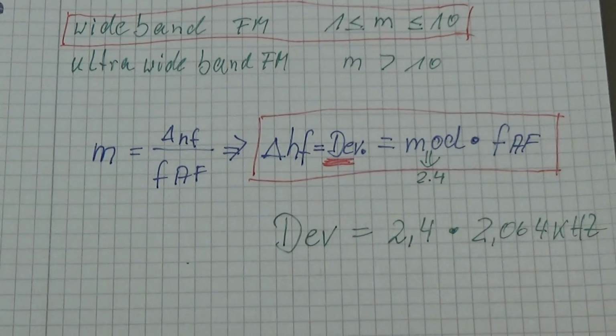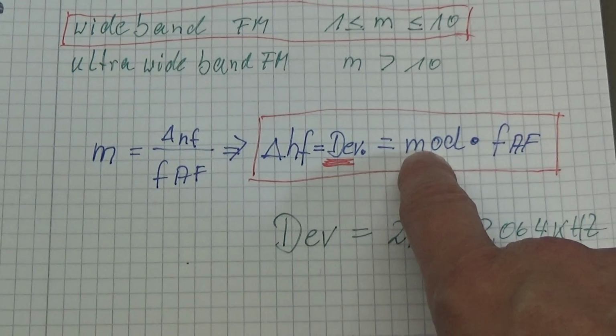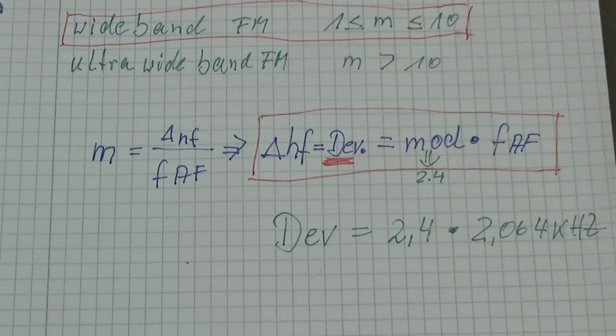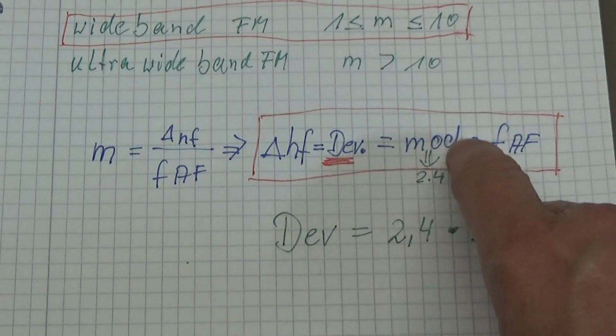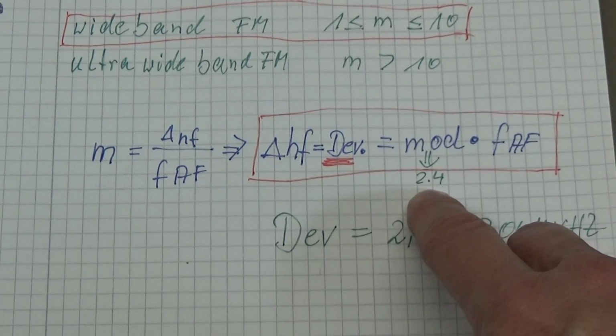So what we said is that our deviation is the modulation index times audio frequency, right? And we have seen that our Bessel 0 is at 2.4, okay? So for our modulation index, we simply set 2.4.